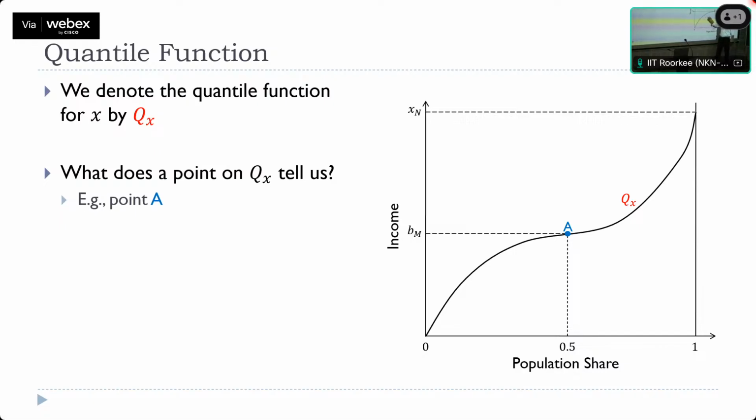So it has to be linear. But in real life, when you plot, they're not linear, because it is possible that the bottom 50% of the population has only 10% income share. If you have something linear, that means everybody's share of total income is exactly the same, which is not the case.